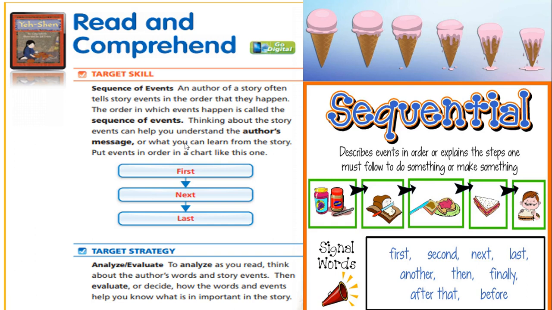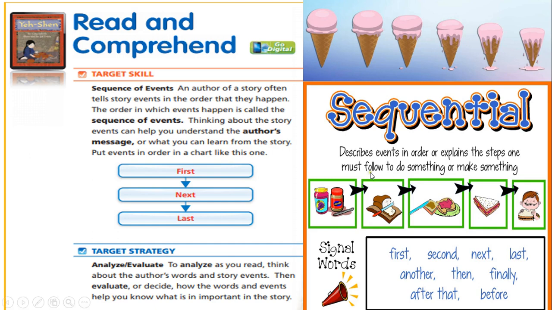You, as a reader, will analyze which points were important and which ones were just there to fill the story. You'll be able to evaluate and analyze the events to understand more, to comprehend, and to absorb the story and the events that are important.